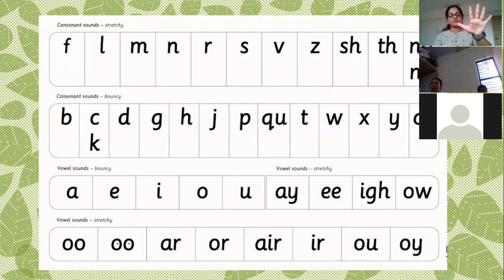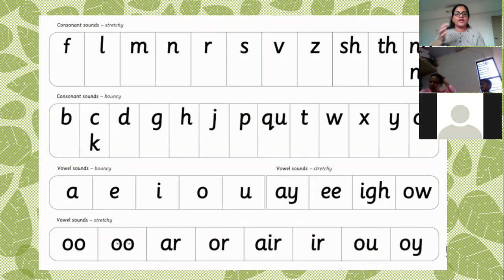The short vowel sounds are bouncy: a, e, i, o, u. And the long vowel sounds are stretchy: A, E, I, O, U. The long vowels are nothing but the vowel names, and the short vowel sounds are nothing but the vowel sounds.